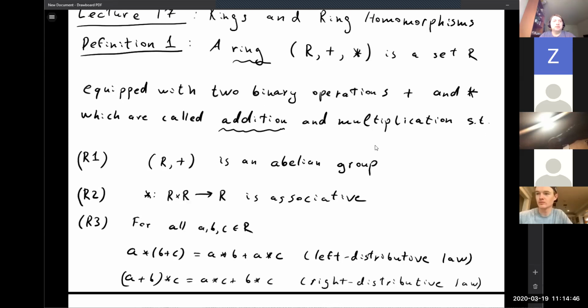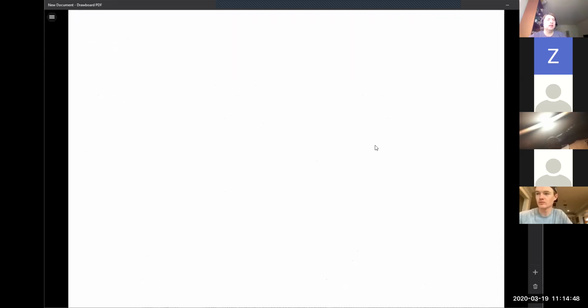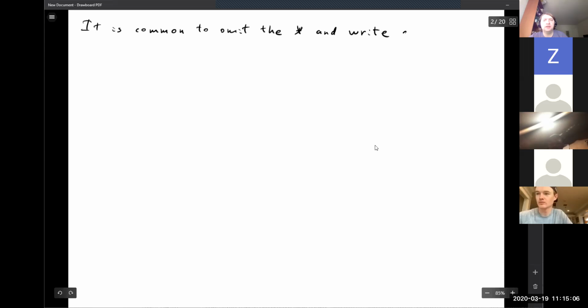It is common to omit the multiplication sign, the star, and write simply AB for A star B.